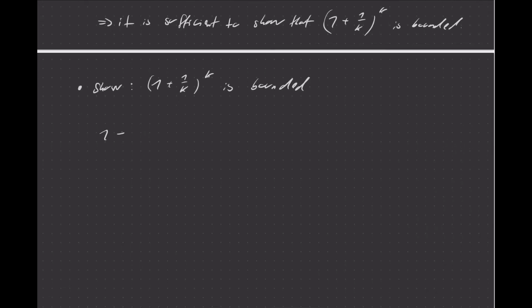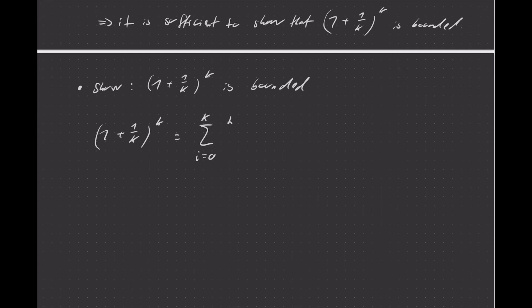This expression 1 plus 1 over k to the power of k can be rewritten using the generalized binomial formula. So here we don't have a square, but a power of k, but that does not really matter. There's also a formula for general powers. And basically that says we have a sum. Let's take an index I here that goes from 0 to that power, k.